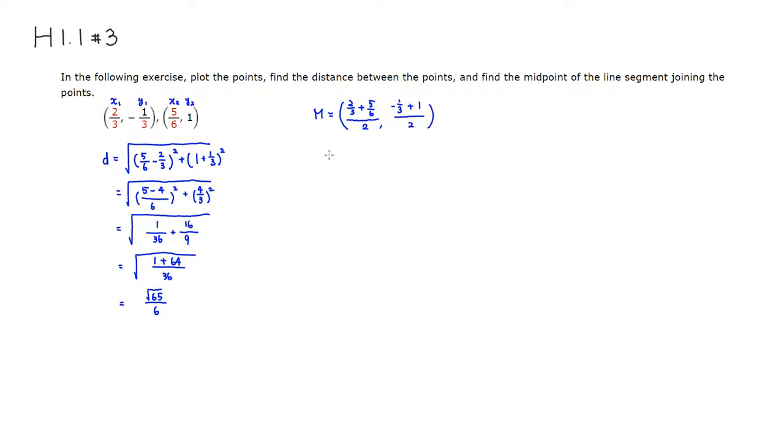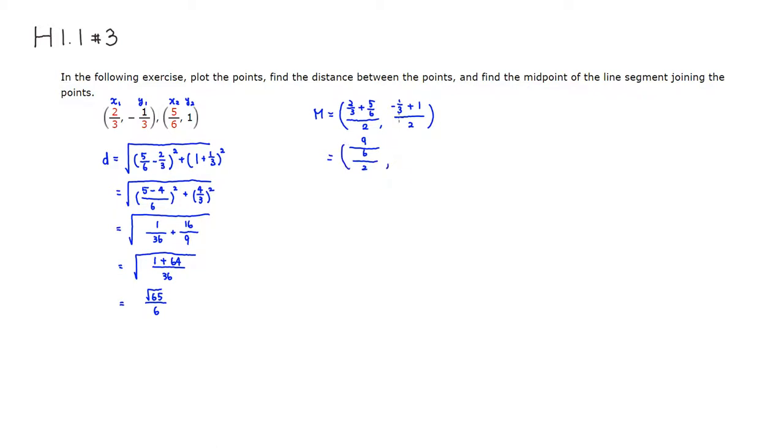So this is going to be equal to, with a common denominator of 6, multiplying by 2, 4 plus 5, which is 9. Then you divide this by 2, I'll do that later.